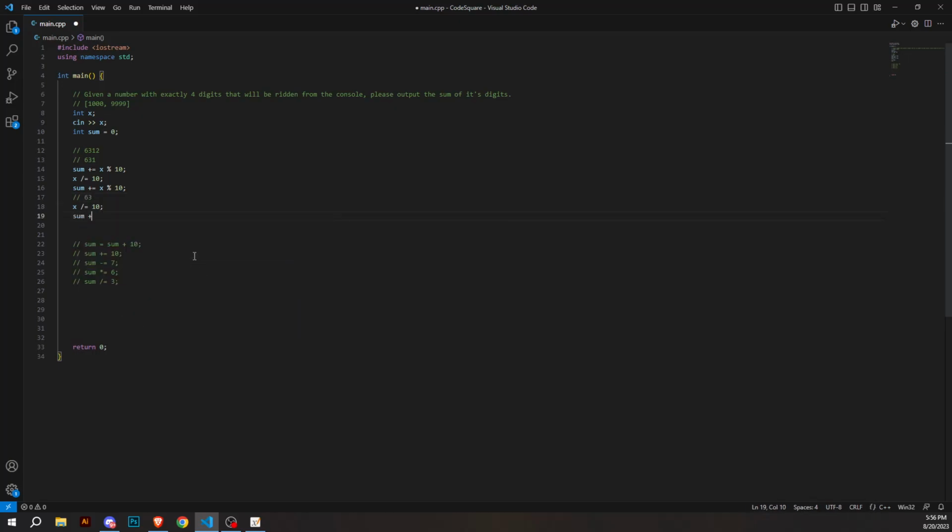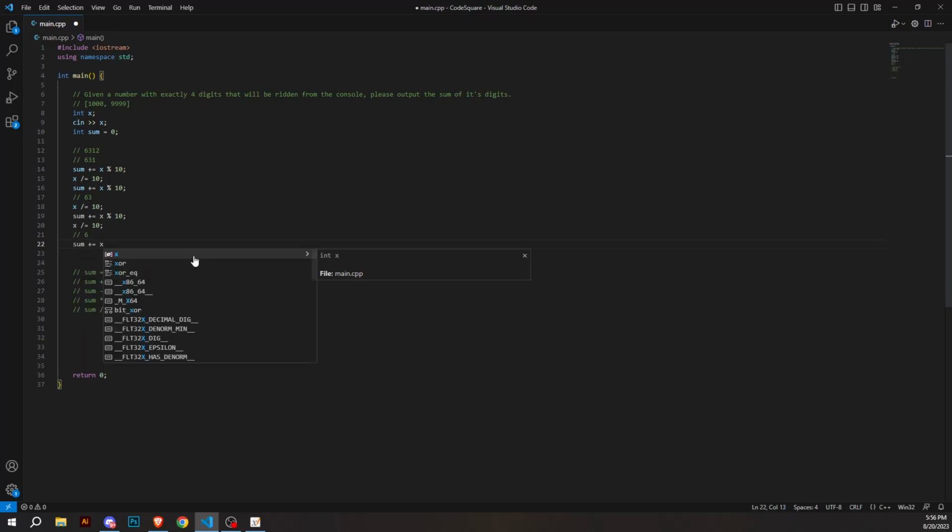And sum plus equals x modulo 10. We divide again. Now the number becomes 6. And now sum plus equals x. We can actually say x or x modulo 10. It doesn't matter because then our x will have only one digit at the end.